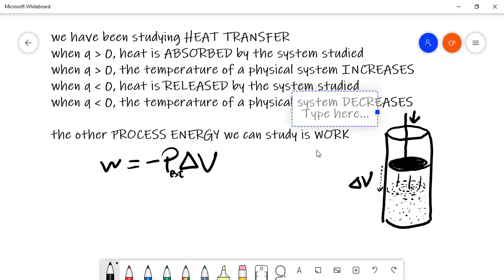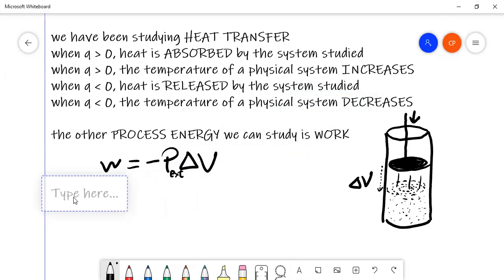So let's set some sign conventions for work now, the same way we set sign conventions for heat.